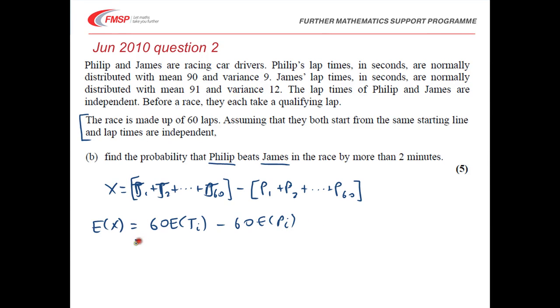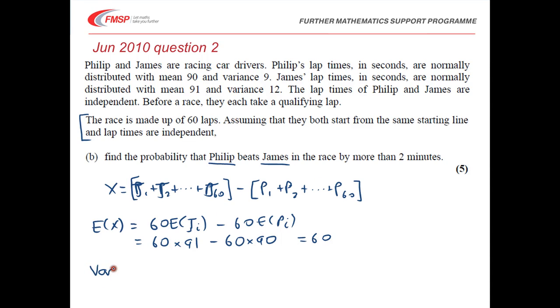Okay, and to work this out, each expectation of J is the same, so that's going to be James, that's 91. And for Philip, that's going to be 60 lots of 90. So we can see we're going to get a mean of 60. And if we do the same thing for variances, now this is where we've got to be really, really careful.